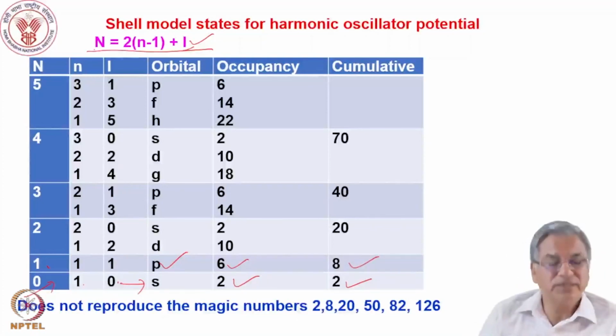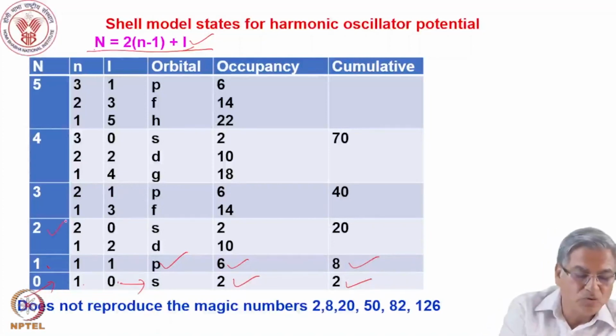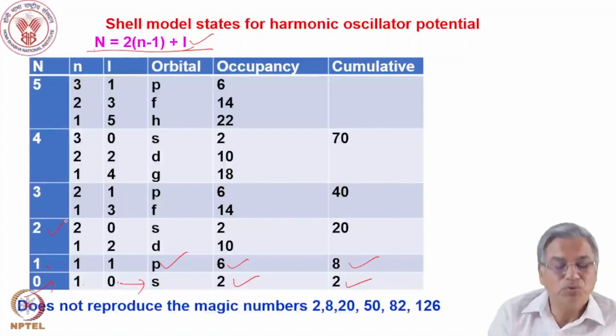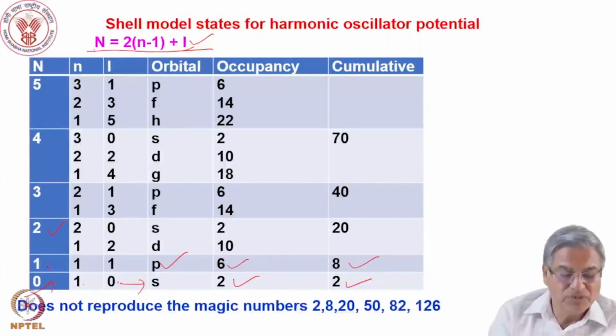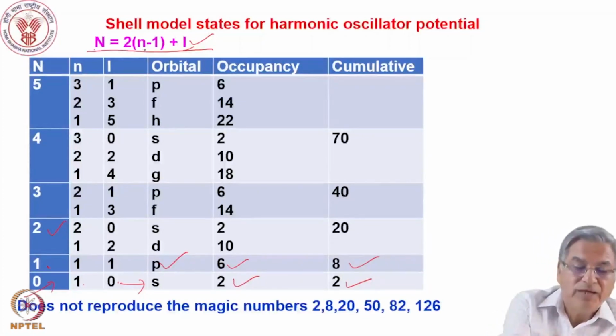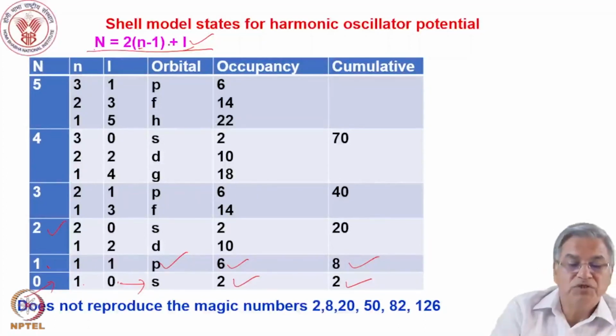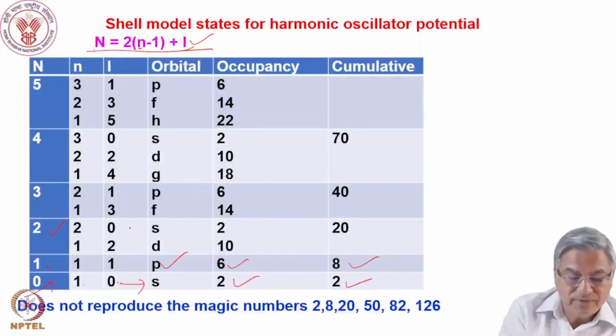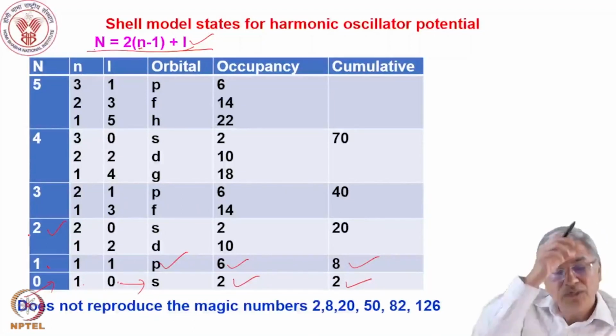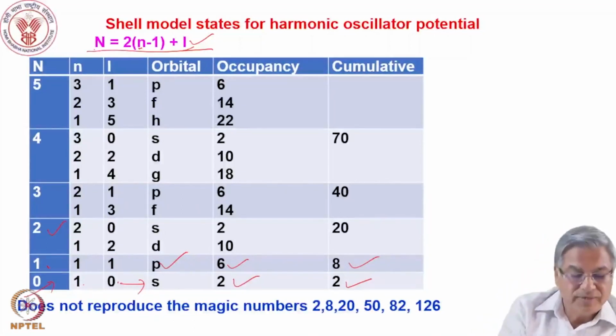Now let's go to the next higher oscillator quantum number, N equal to 2. Here we can have two possible combinations of small n and small l. When you take n equal to 1, 1 minus 1 is 0, so 2 into 0, so L equal to 2.